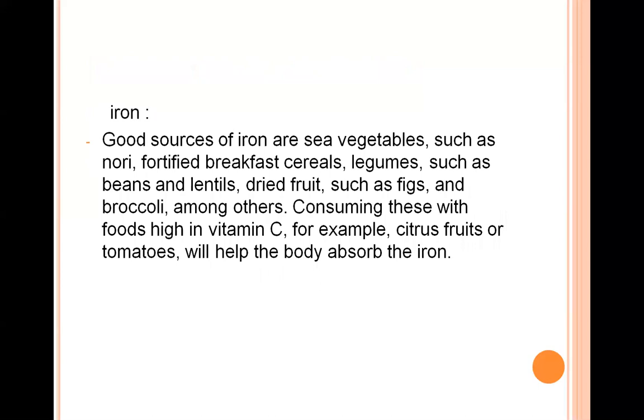Good sources of iron are sea vegetables, such as nori, fortified breakfast cereals, legumes such as beans and lentils, and dried fruits, as well as broccoli, etc. Consuming these with foods high in vitamin C, for example citrus fruits or tomatoes, will help the body absorb the iron.